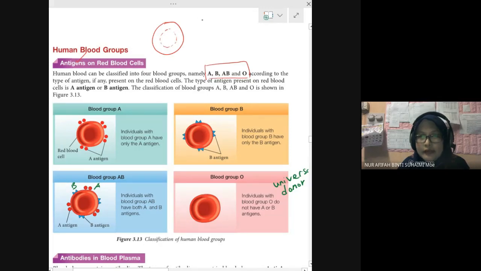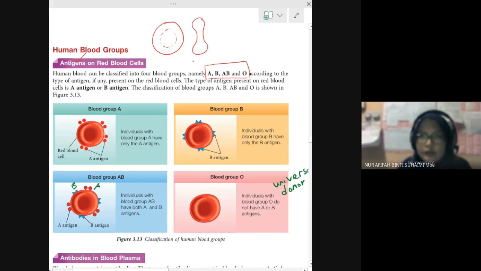This is the side view, this is the front view, and this is the side view of the red blood cell. So those antigens will stick on the surface of the red blood cell, either A antigen or B antigen.